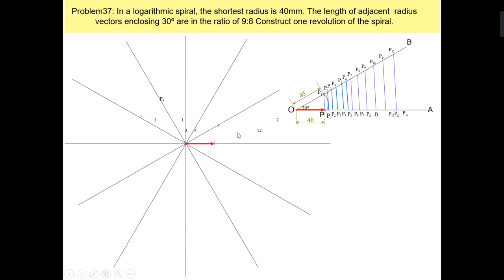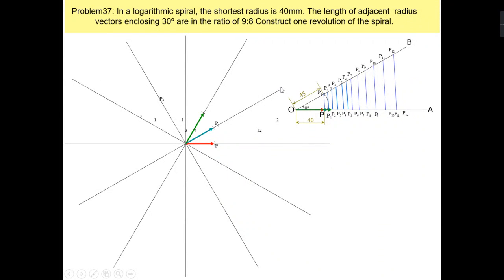Then mark the point P on the first line, that is 40 mm away from the pole O. Now you can mark the point P1 having a length of OP1 on the next line like this.